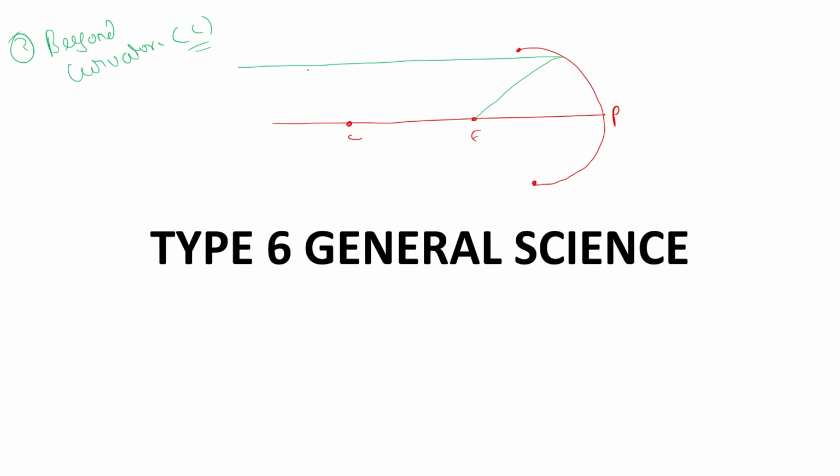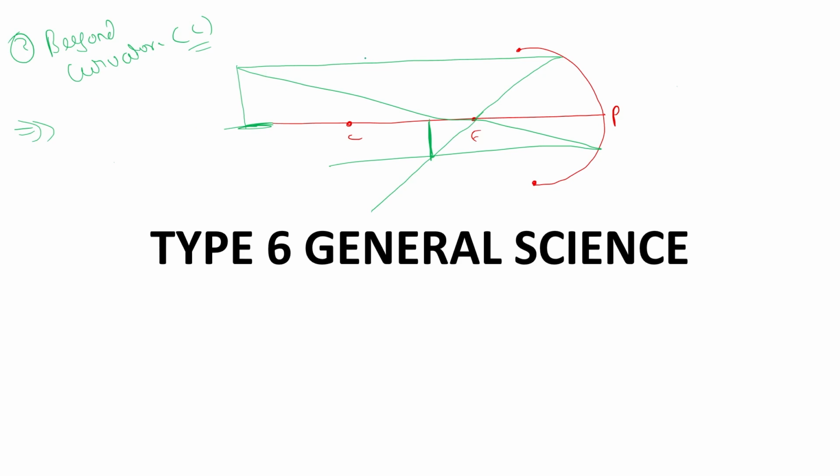The second ray goes like this, crosses from this side, hits the mirror, goes from this side, and then meets at this point. So you can say when the object is beyond the center of curvature.